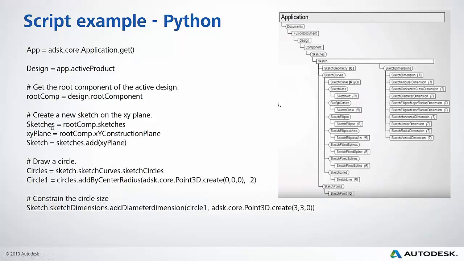So I'm going to define a variable of sketches, and I'm going to call it the root component, and then call it sketches, which is basically, you can almost look at it as like saying, hey, in Fusion, I'm getting ready to do a sketch, and that's kind of like hitting the sketch button. And then XY plane, I'm pulling up my XY construction plane, and then here's where I actually tell it, create that sketch on the XY plane, and then I'm literally inside of a sketch in Fusion. And we'll look at this more kind of how it works whenever we get into actually writing the script.